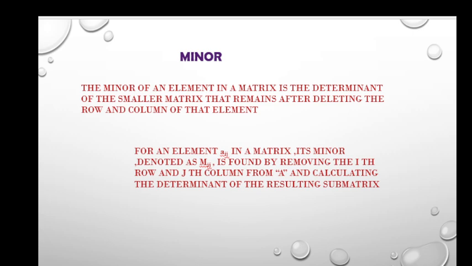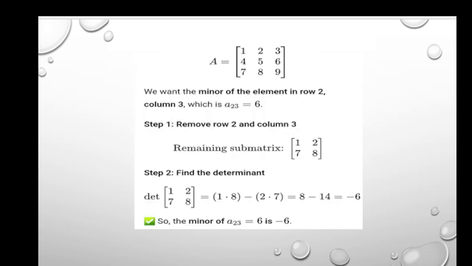Okay, let's see one example. Look here. A equal to 1, 2, 3, 4, 5, 6, 7, 8, 9. We are going to find the minor of the element A23. Here A23 equal to 6. We are going to find the minor of the element 6.